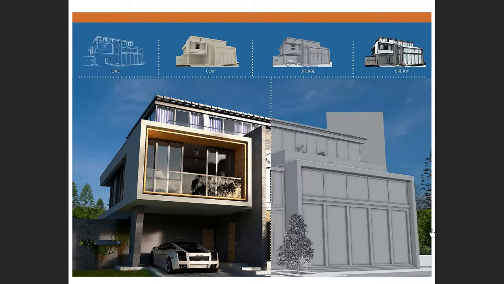But you see that now we've shown our design in 3 dimensions and added some features, a car, some trees, to help people visualize what that completed structure might look like.